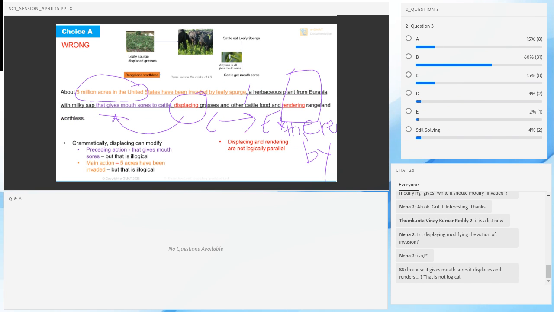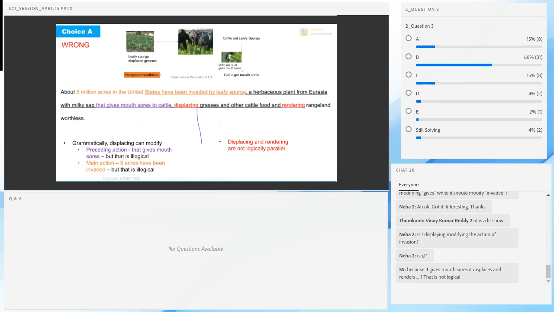So got it? So let me explain this to you. It takes a little bit of effort to understand what is happening here. And it's very important to understand everything that's wrong with the sentence, especially when you are in your preparation mode.